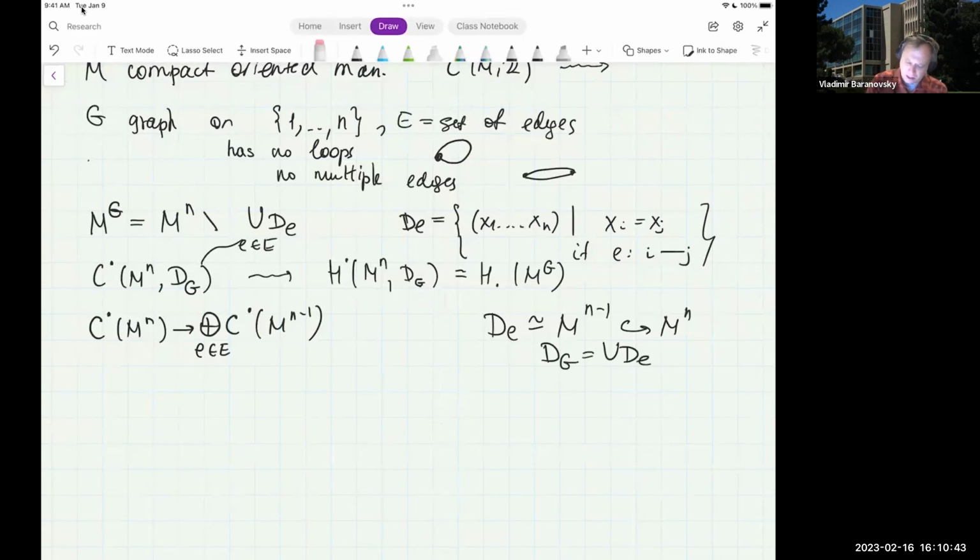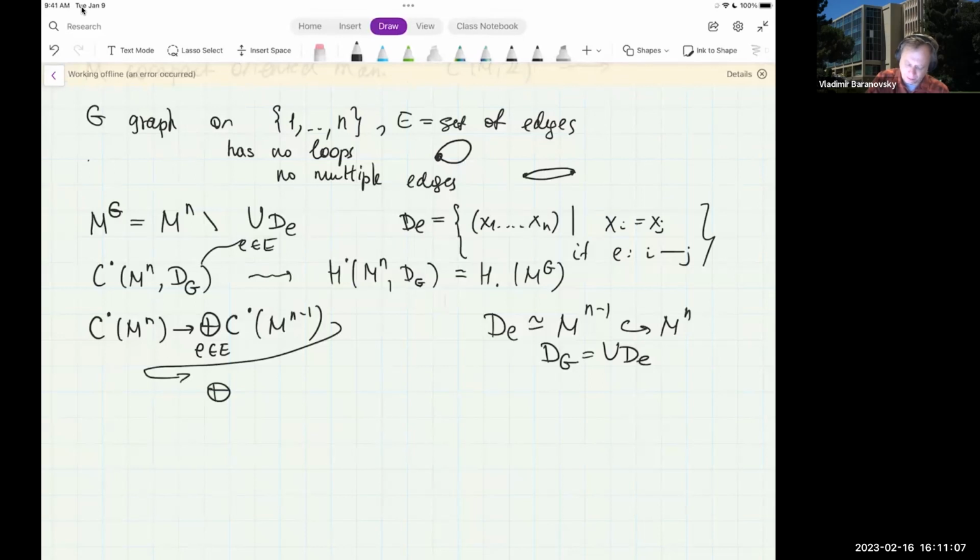Okay. So now we say, well, that's not likely to give the correct answer because there are double intersections. So what do we do? Well, we take them into account. Now there will be the next term in this complex, a sum over pairs of edges, and then there will be cochains on DE1 intersection with DE2.